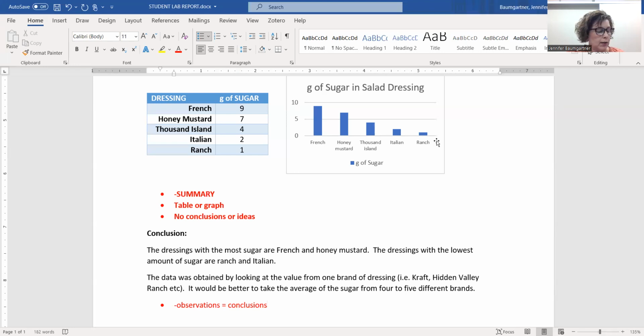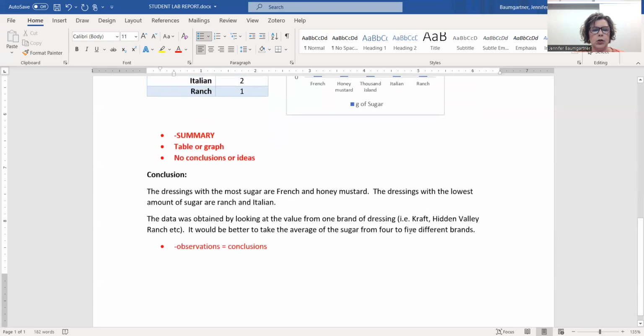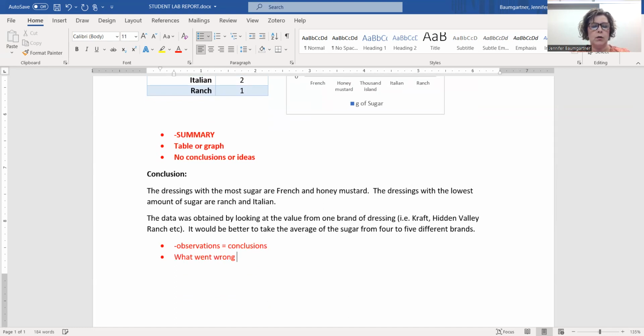So that's why it's also good to talk about what I could do better if I do this again. So in our conclusions section, the first chunk of it is the observations that lead to the conclusions. And the second part is what went wrong or what was less than ideal and how can it be improved?